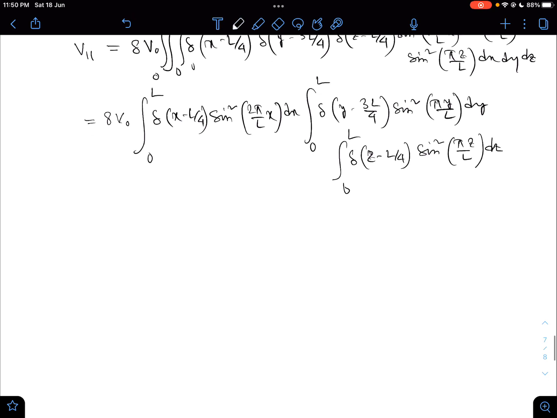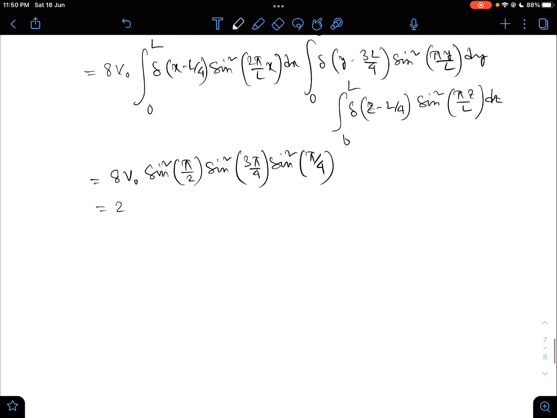If we evaluate this, it will be 8V0 sine square pi by 2, sine square 3 pi by 4, sine square pi by 4. So this will give us 2V0.